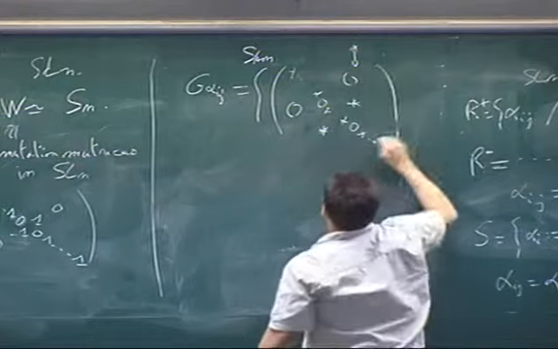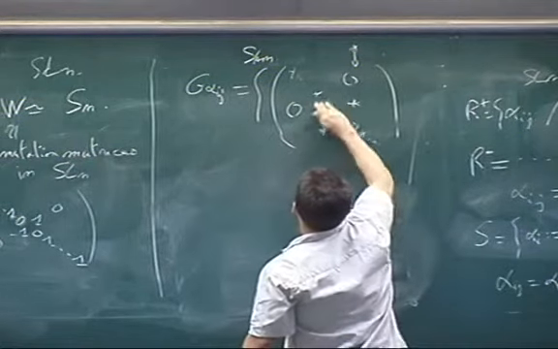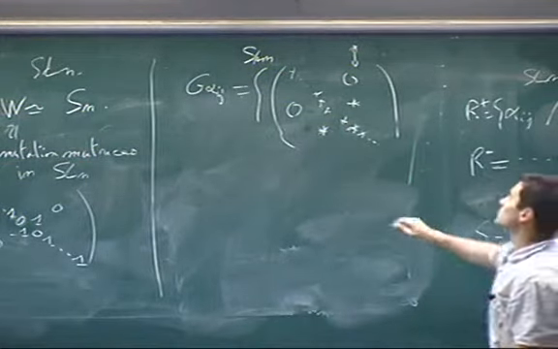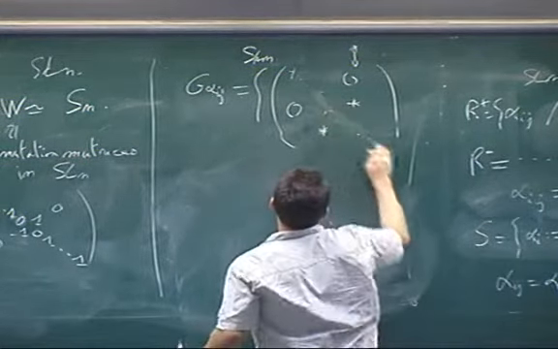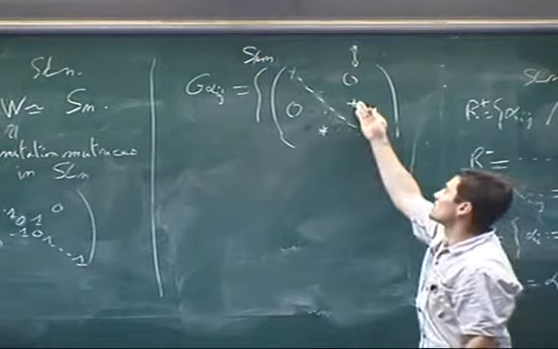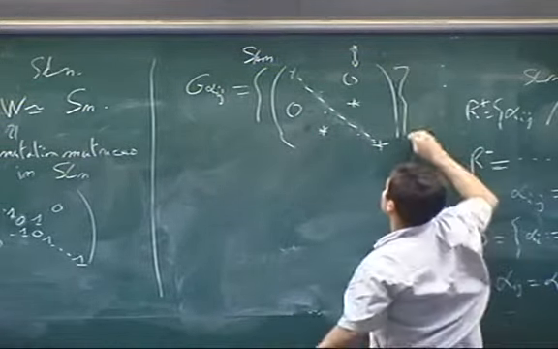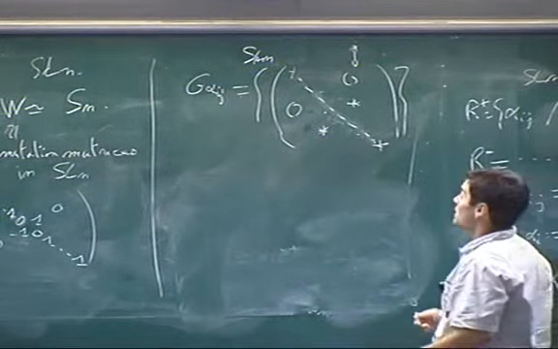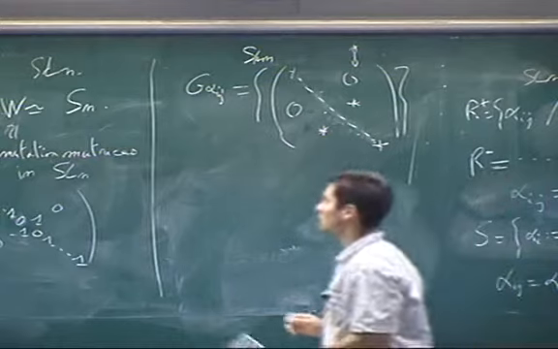No, we don't have 0 here, sorry. We have star everywhere in the diagonal, and some star here, with trace equal to 0. So this is the G alpha.